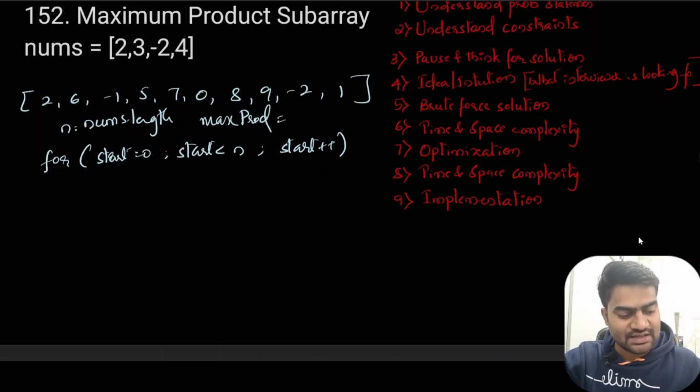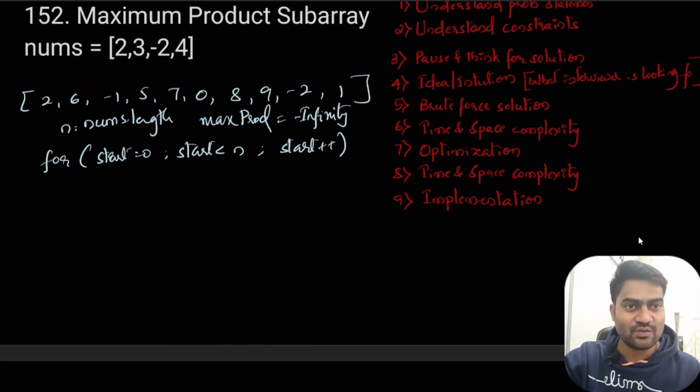I will assign this 0 maybe initially, or since we want the maximum product, maybe I will say minus infinity, or the minimum possible value. We can take minus infinity for the pseudocode, and we will see what exactly we take in our code.